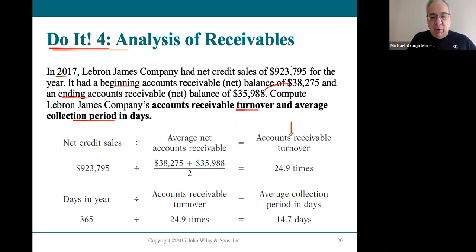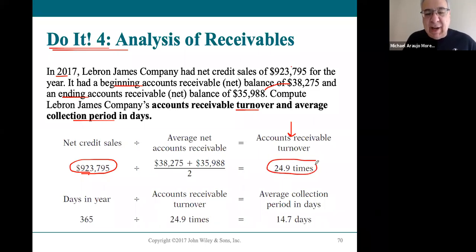Well, their receivable turnover ratio, when you take the credit sales of 923,795 and divide that by your average receivables, is 24.9 times a year. That is way above 12, as you know.